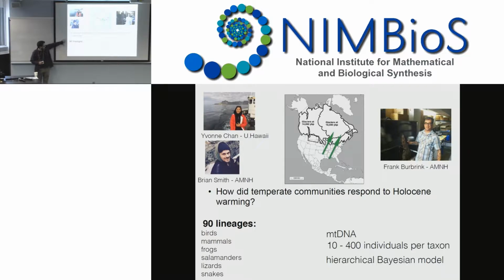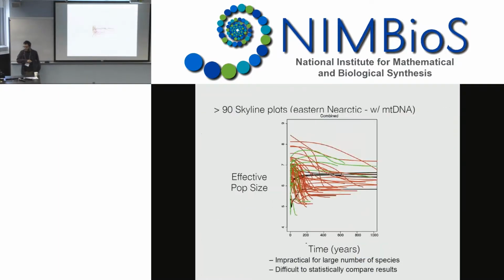The type of data set we were dealing with here was from a number of different vertebrate lineages, about 90 in total, and we're just dealing with mitochondrial data, let's say 10 to 500 individuals per lineage, and we're going to use a hierarchical Bayesian model that I'll explain in a second.